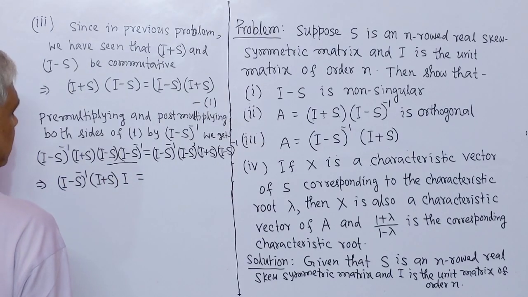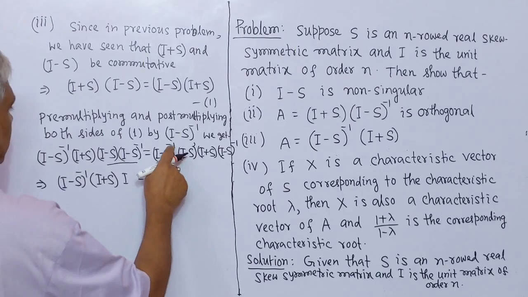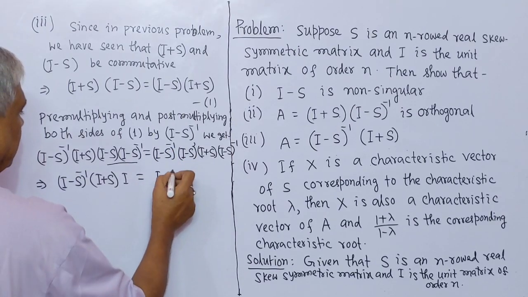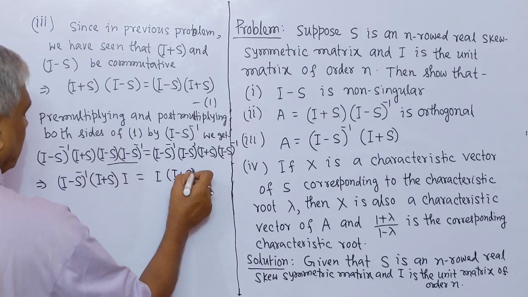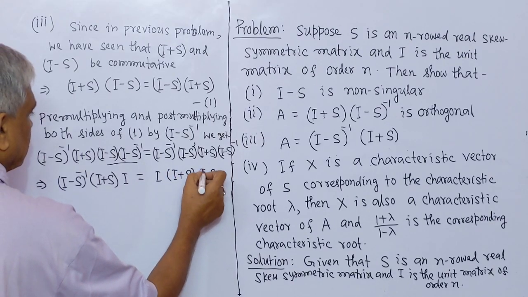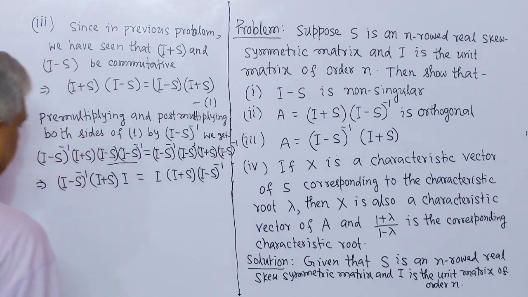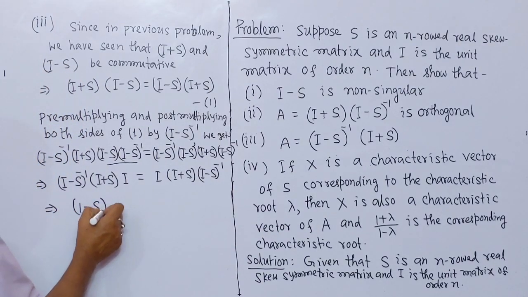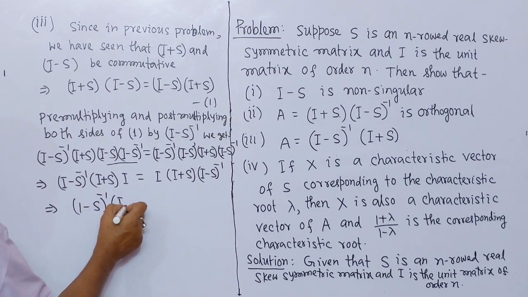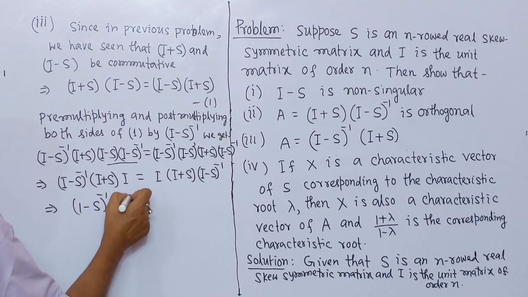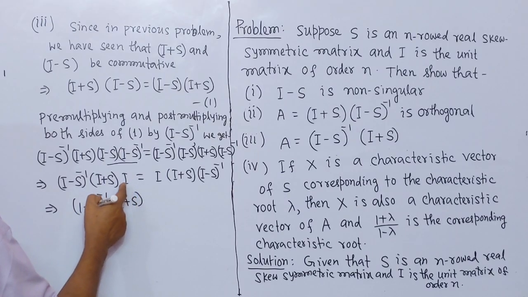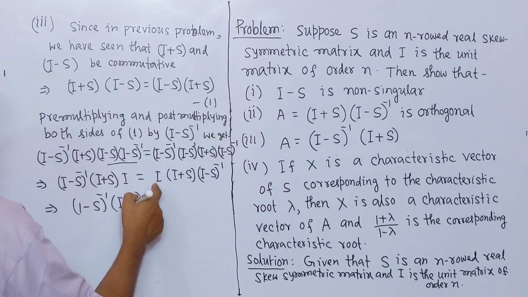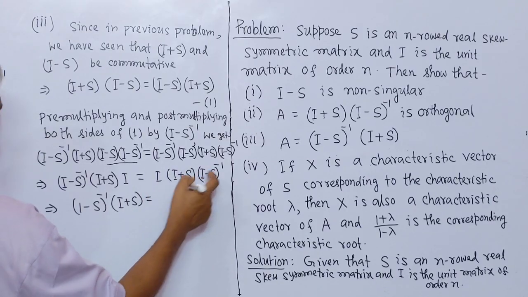Here we get (I minus S) whole inverse multiplied by (I minus S), the unit matrix. Then (I plus S)(I minus S) whole inverse is (I minus S) whole inverse (I plus S) multiplied by the unit matrix, which is this. Similarly, the unit matrix multiplied by this is this.